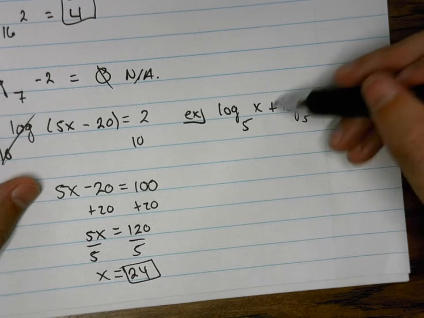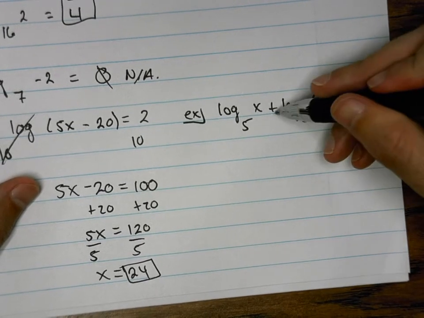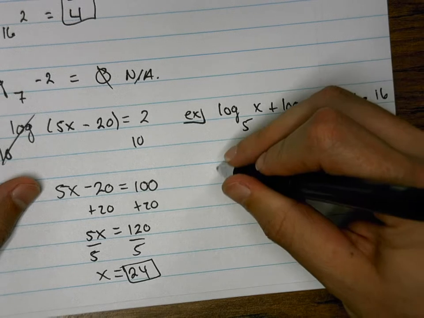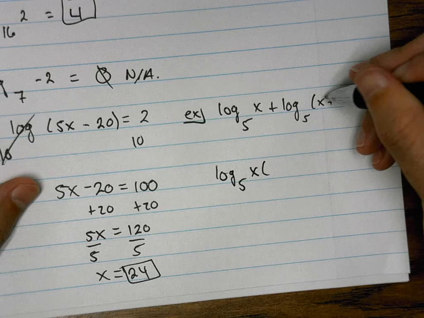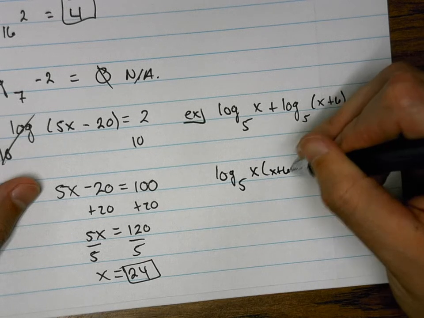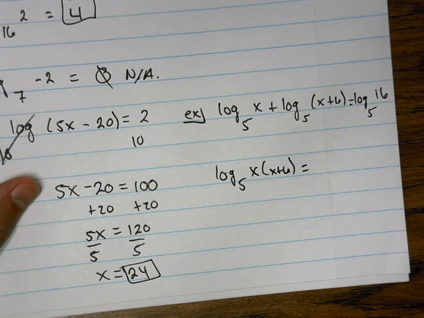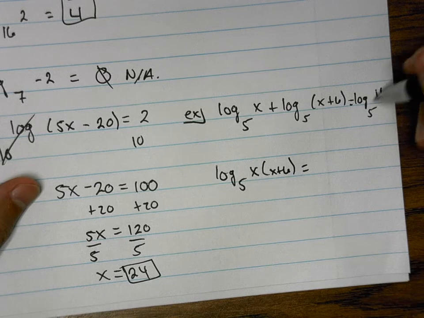So when you have two separate logs, let's combine them together. Plus means multiply. So this will be log base 5 of x times x plus 6 is equal to log base 5 of 16.